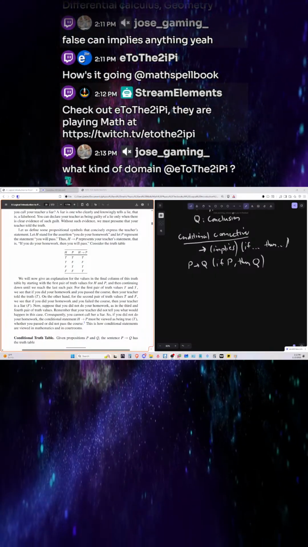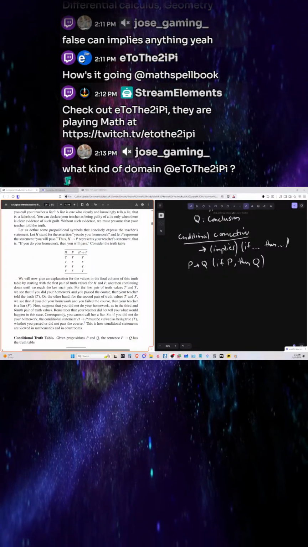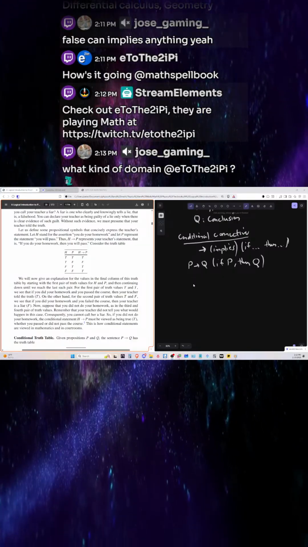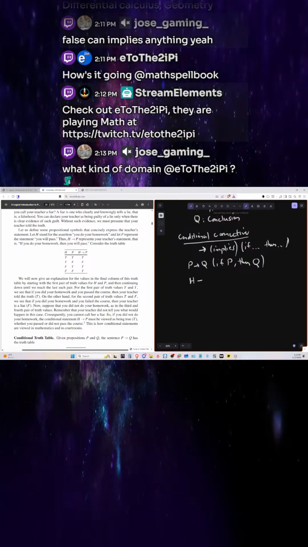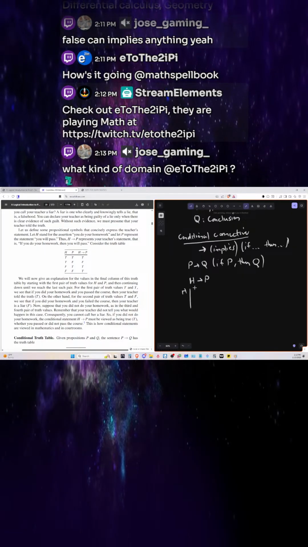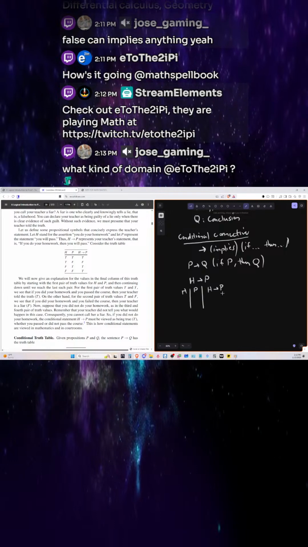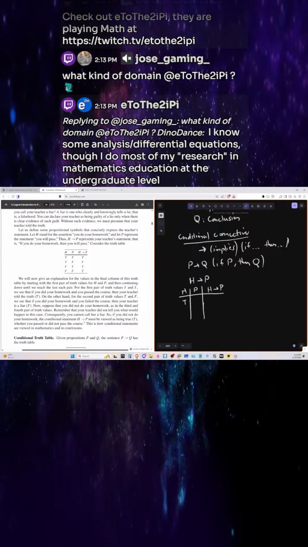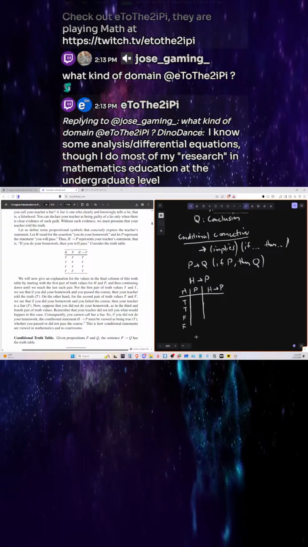False can imply anything, yeah. Okay, so I think we can just write this. So if we have H implies P, and we have H and P, and then H implies P. So if this is true here, false, and false.